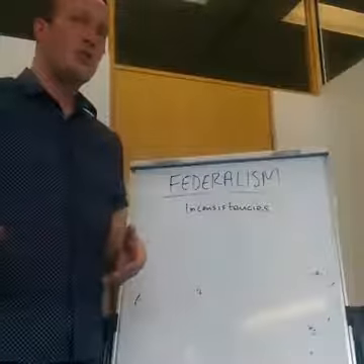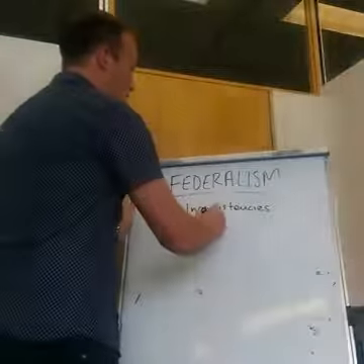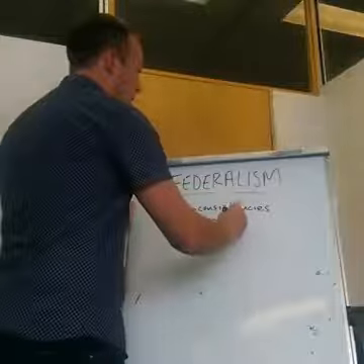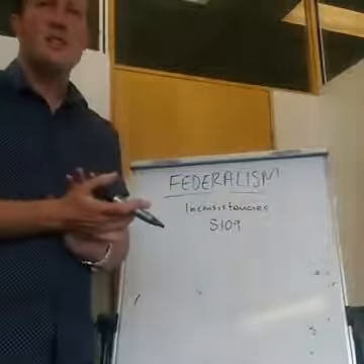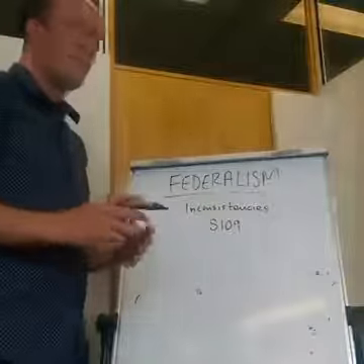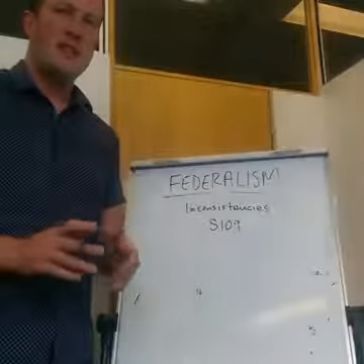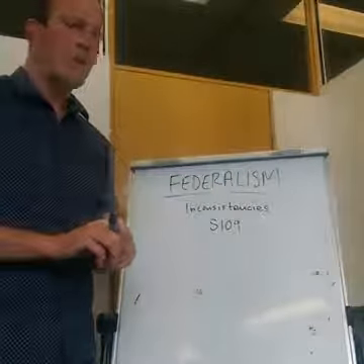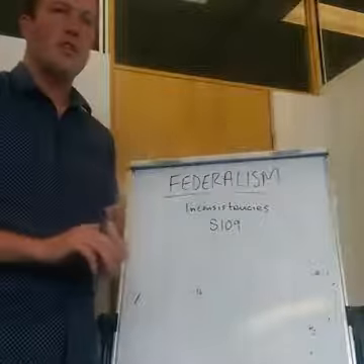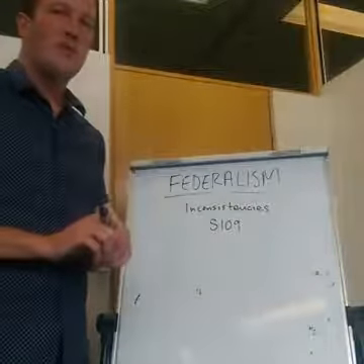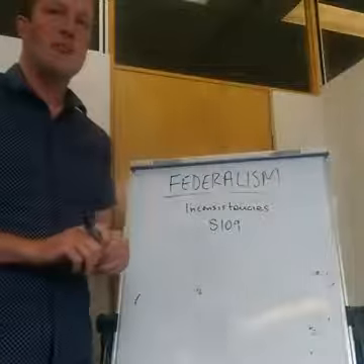So the Constitution set out section 109, which dealt with inconsistencies. It's good for you to know this off by heart, and it basically says if a law of a state is inconsistent with a law of the Commonwealth, the latter, which is the Commonwealth, shall prevail, and the former shall, to the extent of the inconsistency, be invalid.